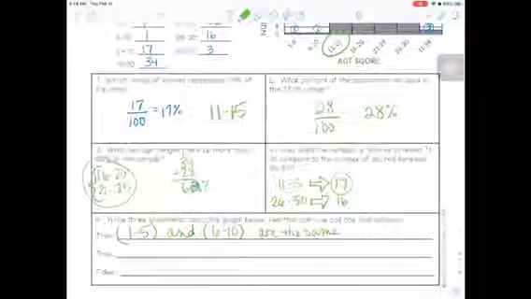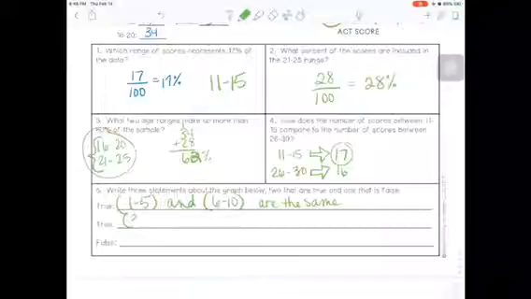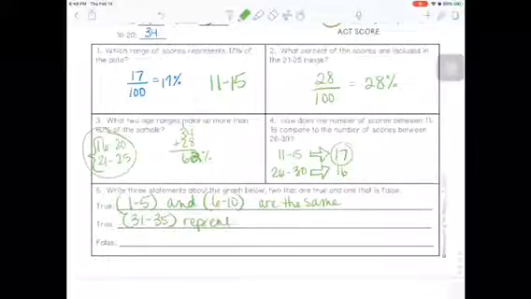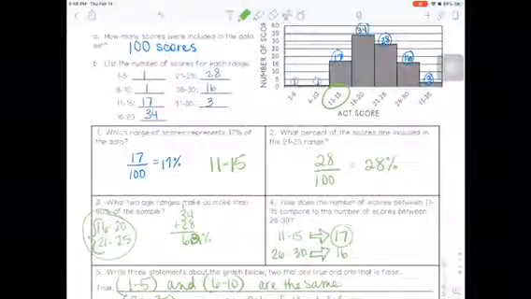And the 31 to 35 range represents 3% of the total. Okay, a false statement.